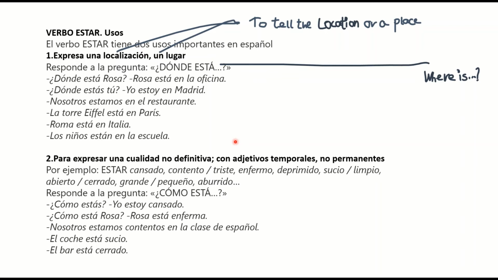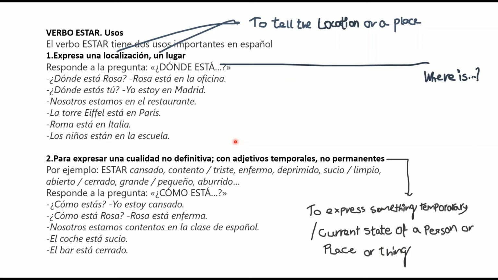So it can be a physical state or the emotional state, or apart from that, anything that is temporary, which is not permanent. You can use the verb estar, which will change if it is not permanent at all. With some examples, we'll understand it better. So to express something temporary, current state of a person, place, or a thing. Basically, these are the usage of the verb estar.